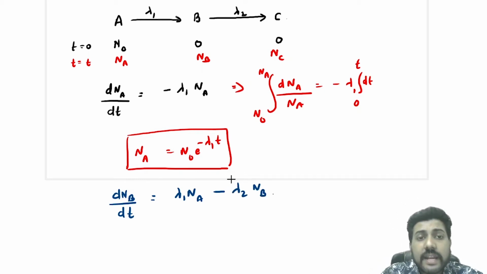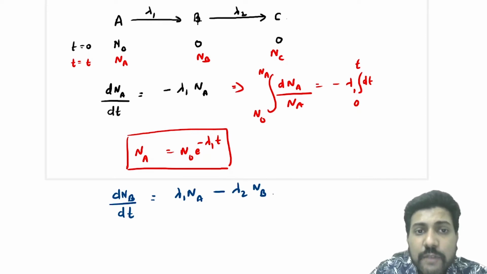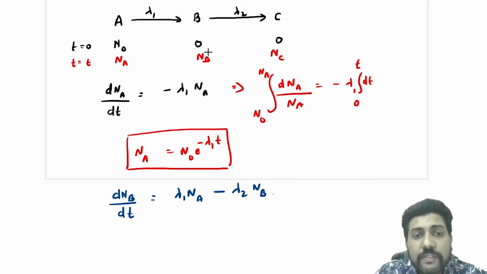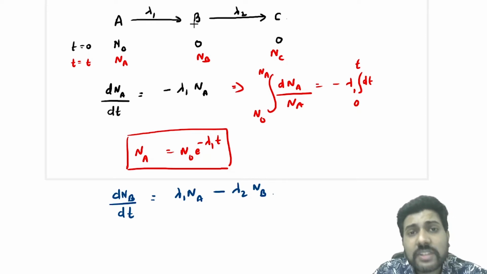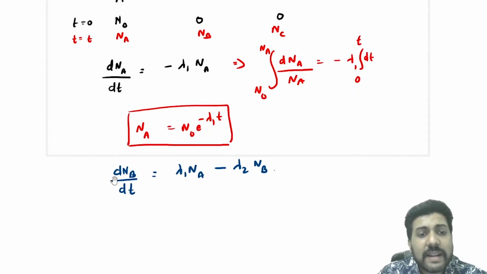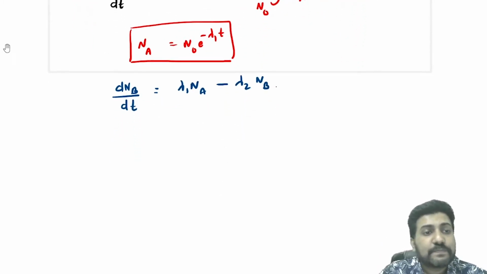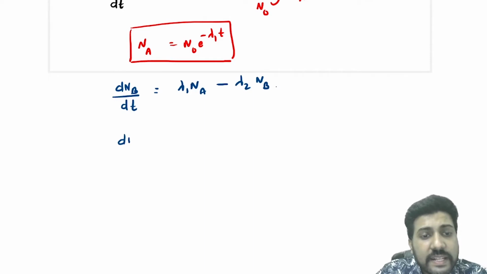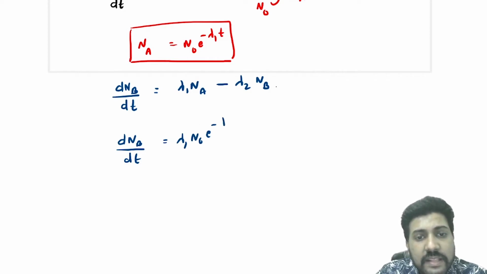The rate of decay of B depends on the number of nucleus of B, but the rate of formation of B does not depend on the number of nucleus of B, it depends on the number of nucleus of A. So dNb by dt is equal to lambda 1 Na minus lambda 2 Nb. I'll write Na as N0 e power minus lambda 1 t, minus lambda 2 Nb.